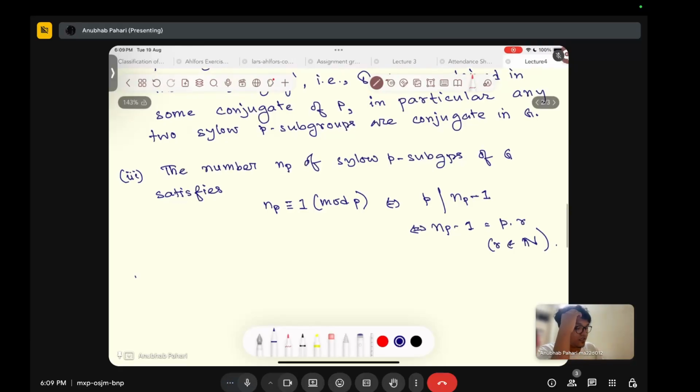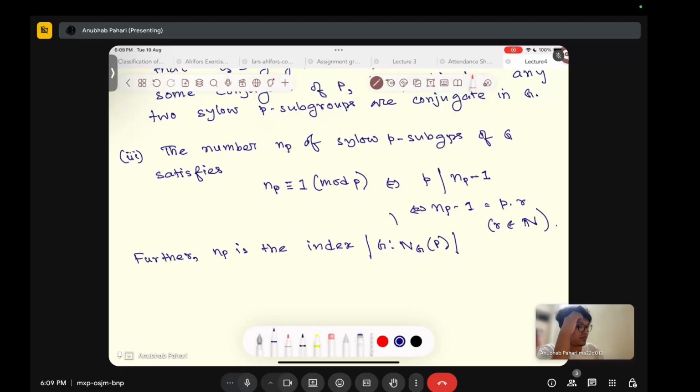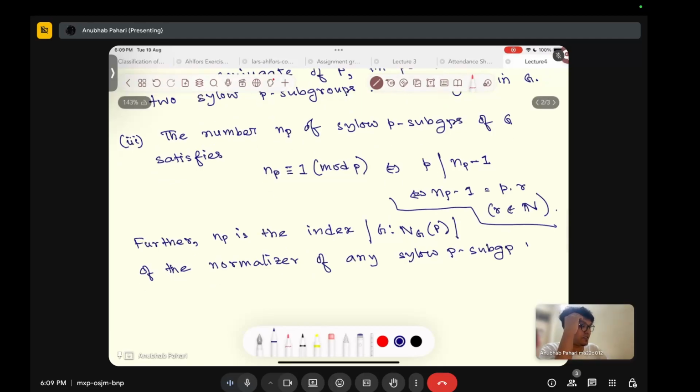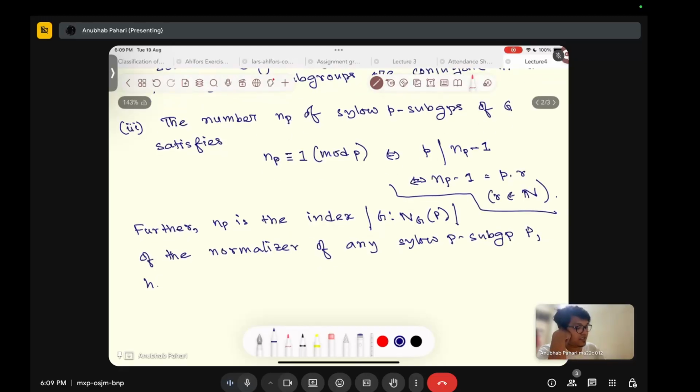Further, np is the index G : N_G(P) of the normalizer of any Silo p subgroup P, hence np divides n.